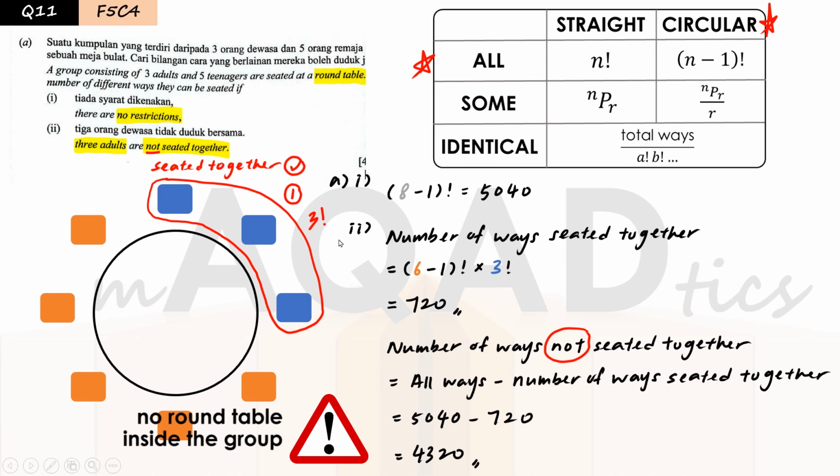Meaning, inside the group itself, there is no round table. It's just changing their places here and there. So this is actually a straight line arrangement. That's why we used this formula, n factorial. Since we have 3 people here, it's 3 factorial, not 3 minus 1 factorial.